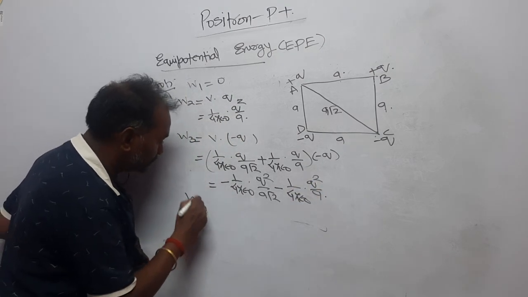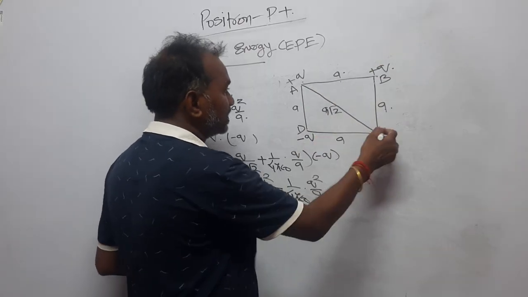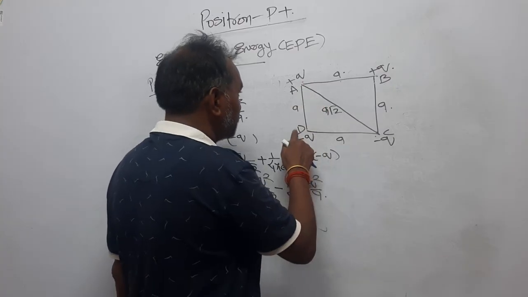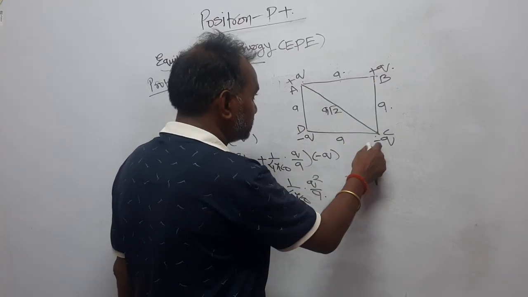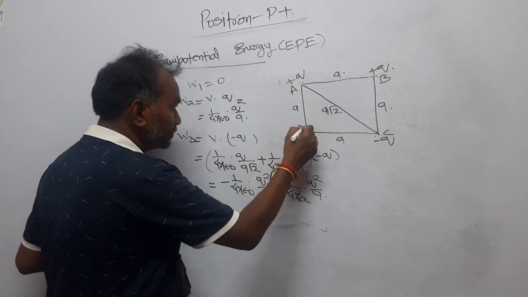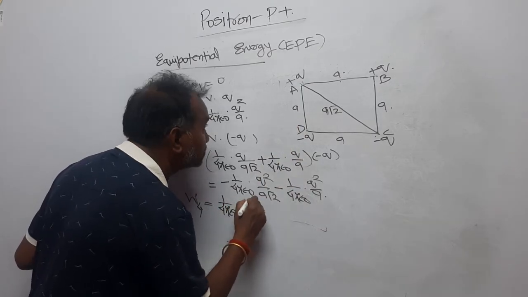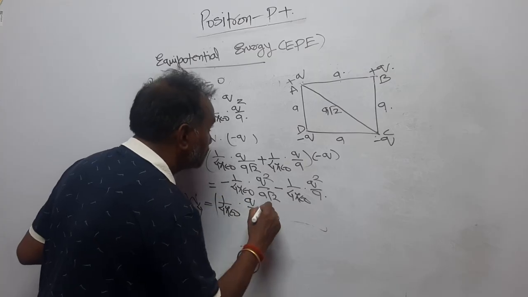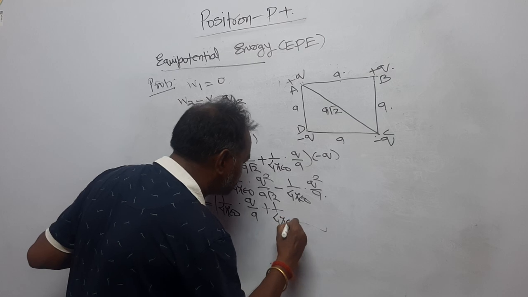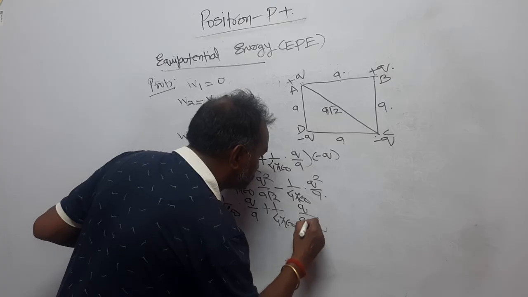And now W4. Potential at point D. Now these three charges we have already brought. We will find out the potential at D due to each of them, and then we will take the summation. Due to this, potential at this point will be 1 upon 4 pi epsilon naught Q by A, plus 1 upon 4 pi epsilon naught Q by this distance, that is A root 2.